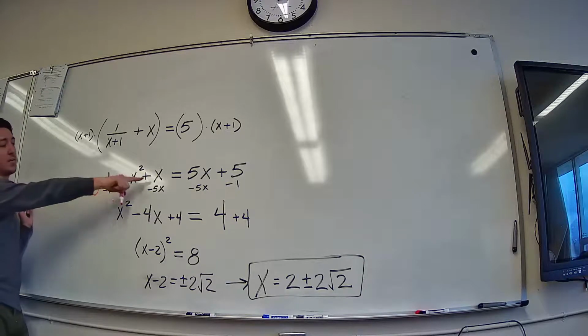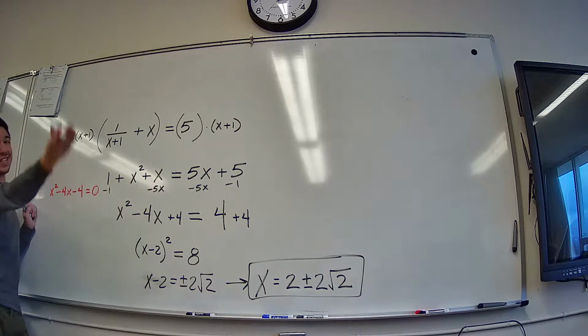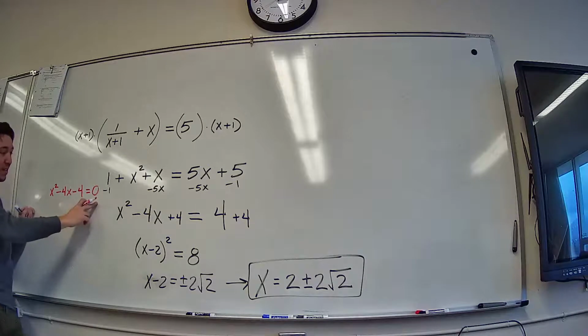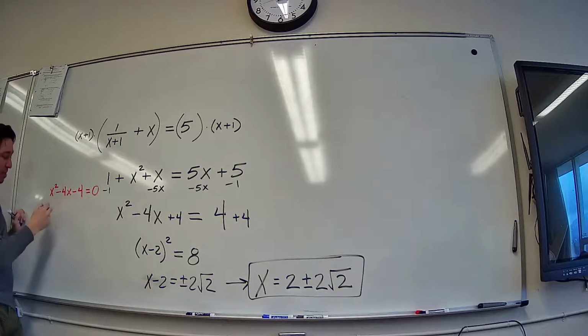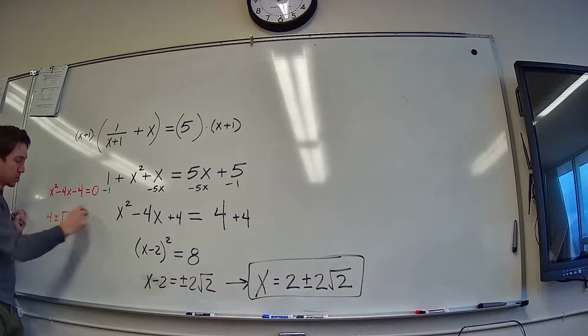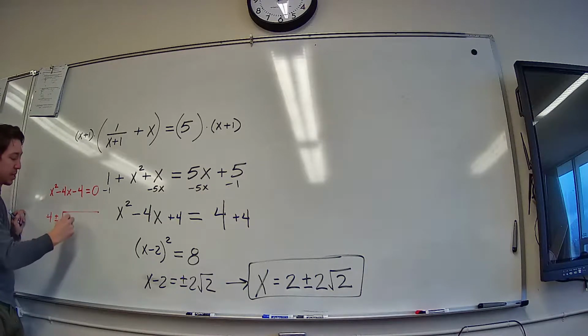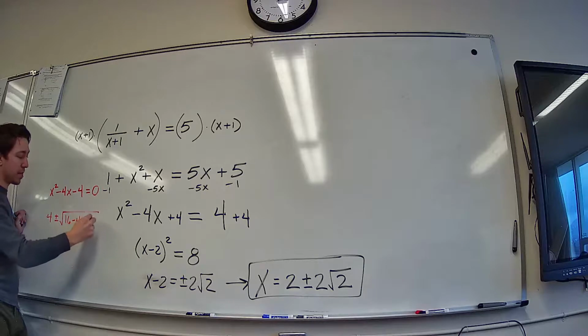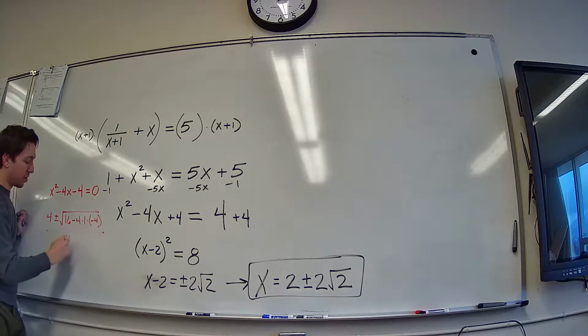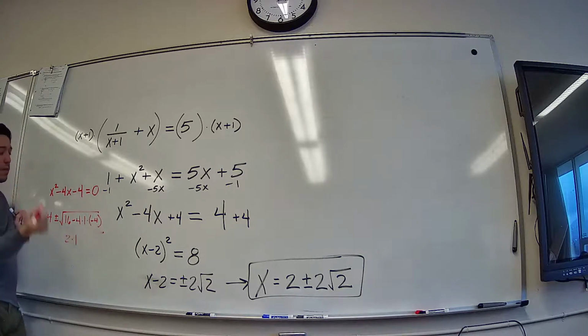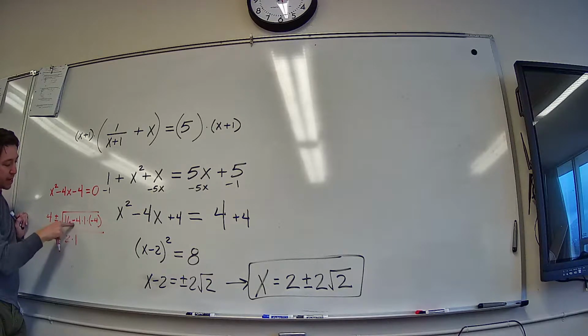Well, here, if I put all the terms on the left-hand side, I would have this. And let's see what the quadratic formula says. It goes 4 plus or minus the square root of 16 minus 4 times 1 times -4, all over 2 times 1. Now to get there, you have to realize that this here is 16 minus -16, which is 32.